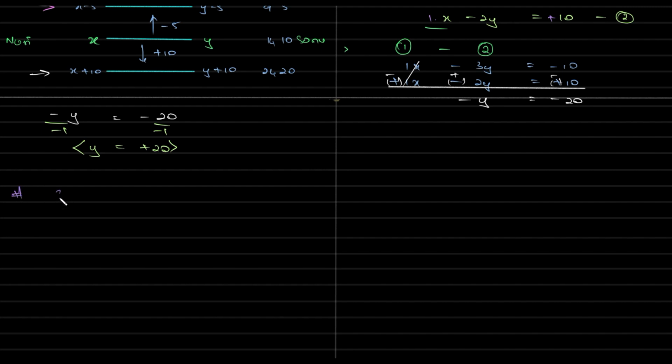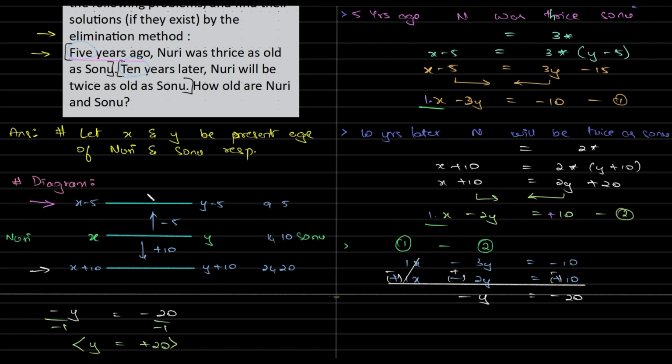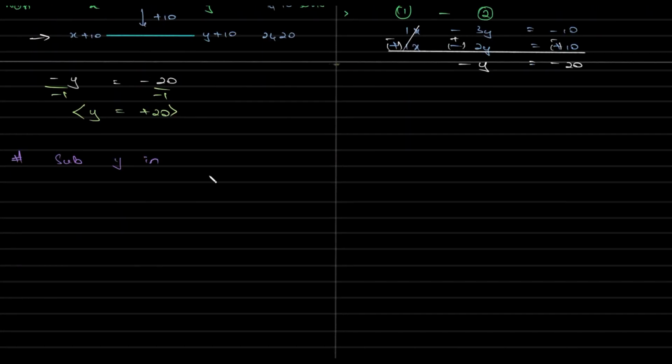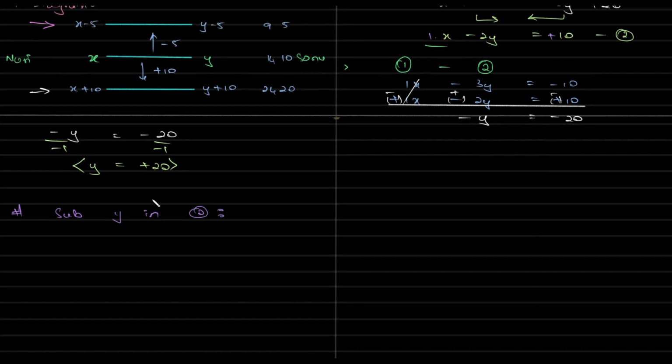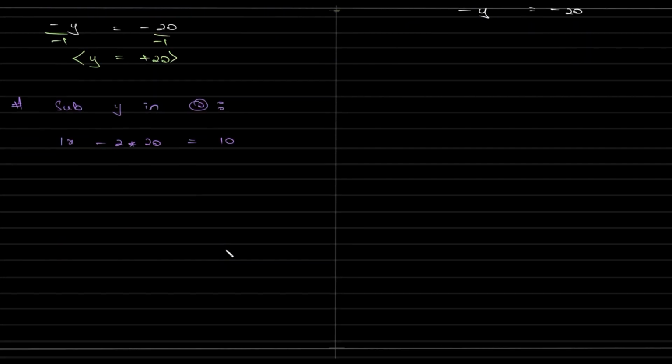This we need to substitute in either of the equations. Which is the best one? Equation 2, it's much easier. Substitute in 2. So we have 1x minus 2 times 20 equal to 10. So 1x minus 40 is equal to 10.